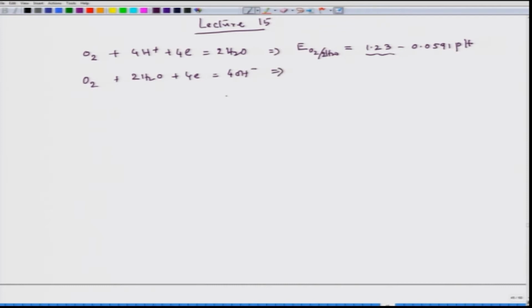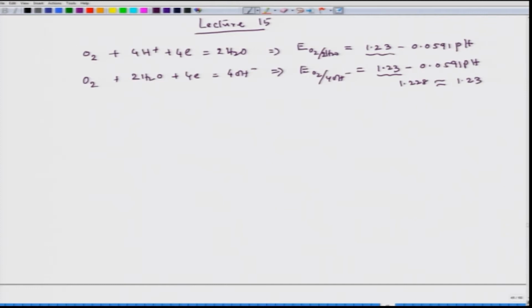Similarly, the Nernst equation for this one also boils down to 1.23 minus 0.0591 pH. I am writing 1.23 because the value we obtained was 1.228, so I can write it as 1.23.